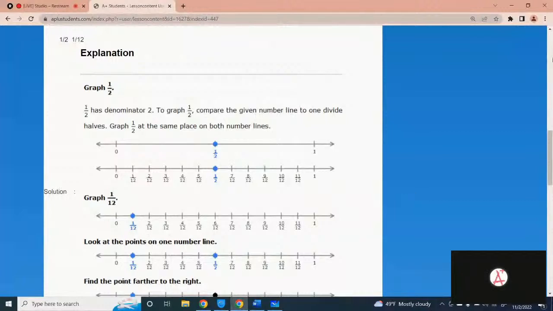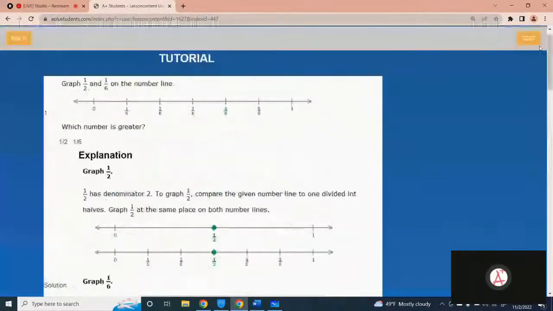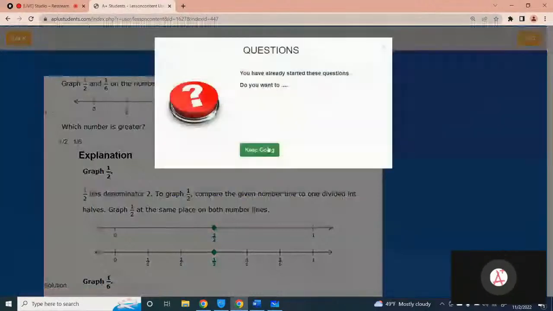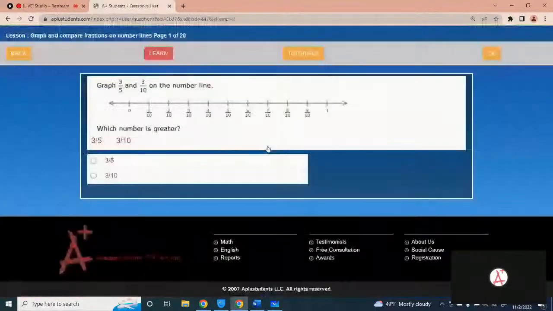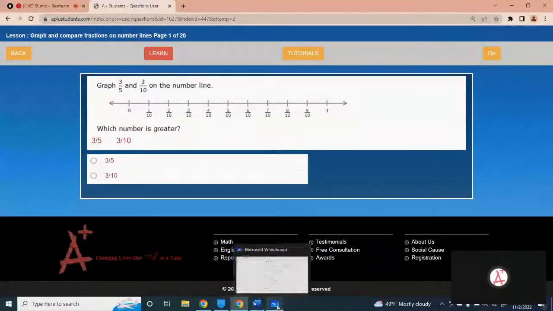Okay, let's start with the test questions. The next one is graph 3 over 5 and 3 over 10 on number line. Got it? So first of all, you have to graph 3 by 5 and then 3 over 10.